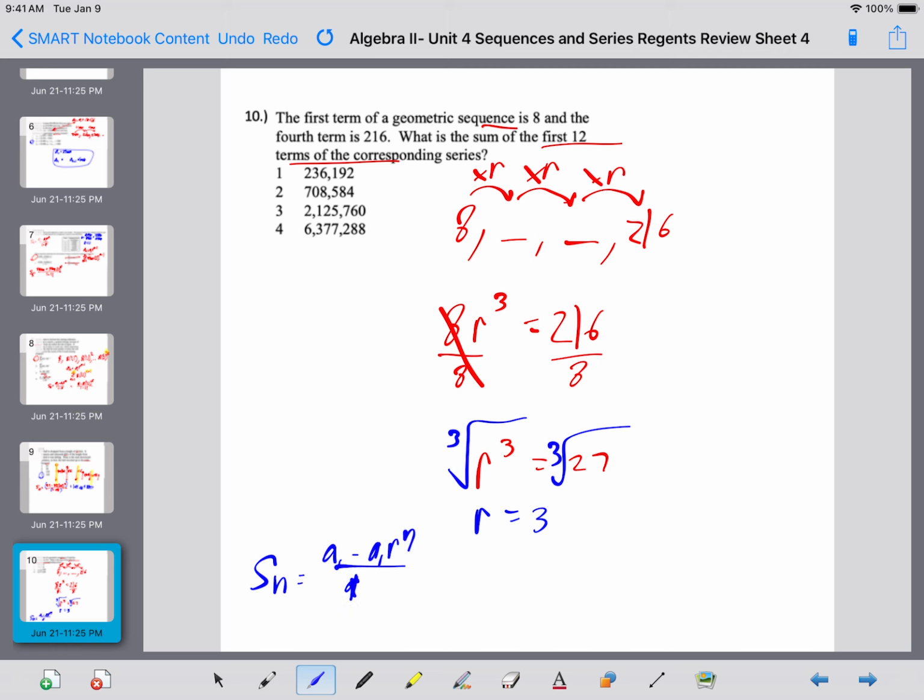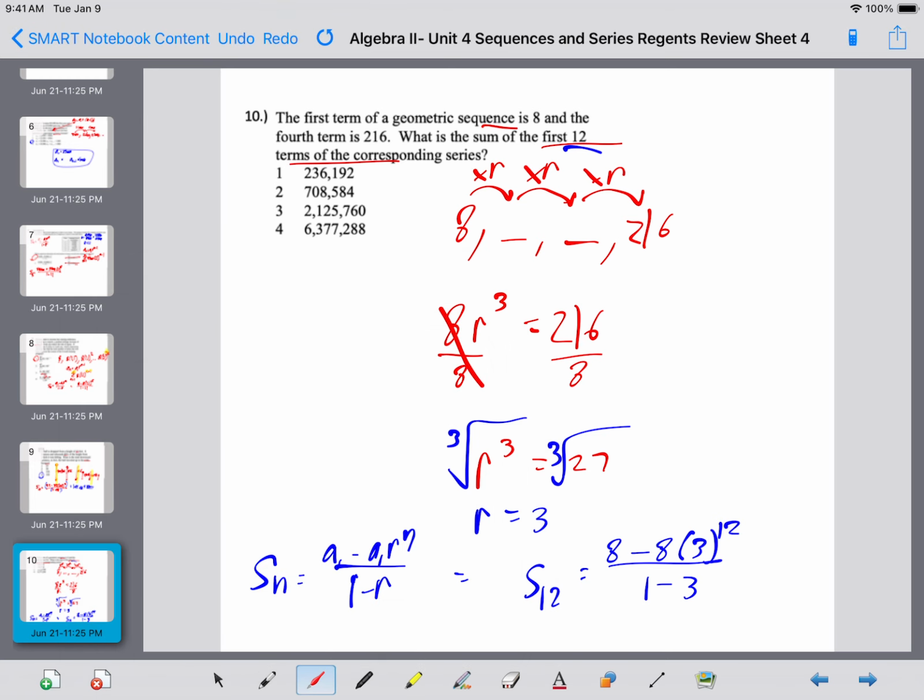Again, this is provided on your Regents reference sheet. So, S sub 12, the first 12 terms, equals the first term 8, minus 8 times 3 to the 12 over 1 minus 3.